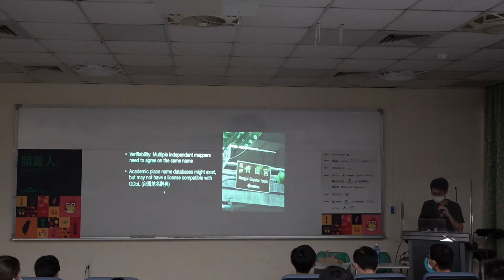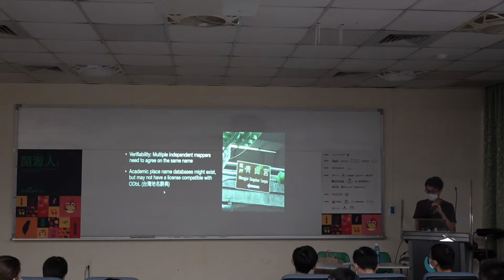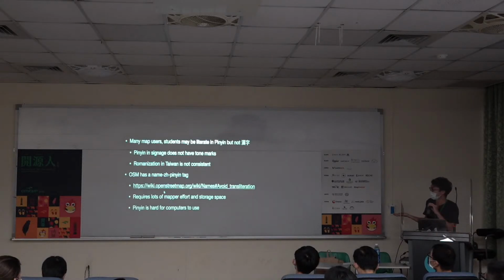Cool, so I'm going to move on to the last related topic, which is about if you're in Taiwan and you don't speak Chinese perfectly. Most people now know pinyin, which has become the international standard for romanizing Mandarin. So there's many map users who might be literate in pinyin but not Hanzi.